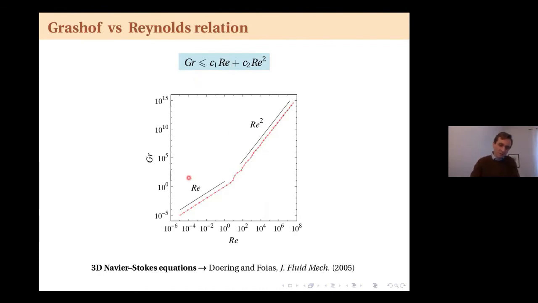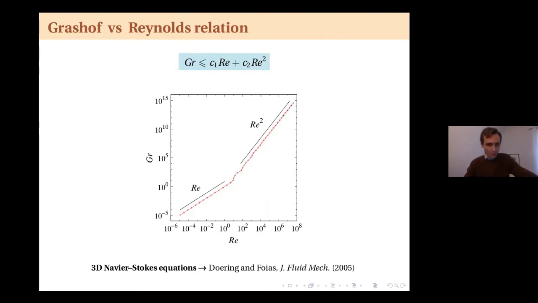And for the shell model, it is also very nicely reproduced over a wide range of scales. And once again, this is the same in the 3D Navier-Stokes equations, so it was obtained in the same paper. So up to this level, there is a nice parallel between the two systems.